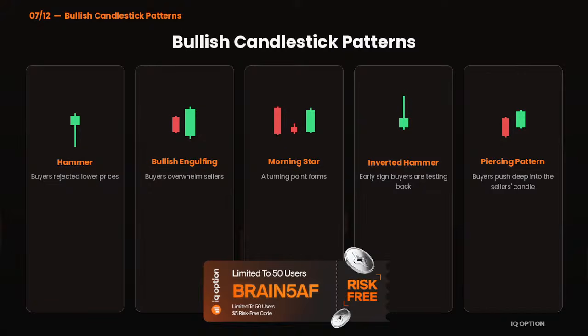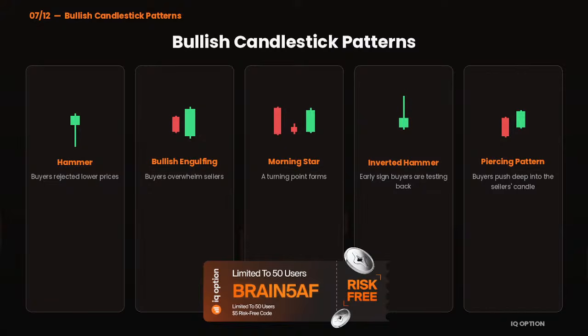So now let's flip this around completely and look at the bearish patterns. We're going to look at the 5 patterns that show up when sellers are the ones actually taking control of the market. So we're gonna move forward with the next patterns in the list, but the bearish patterns.